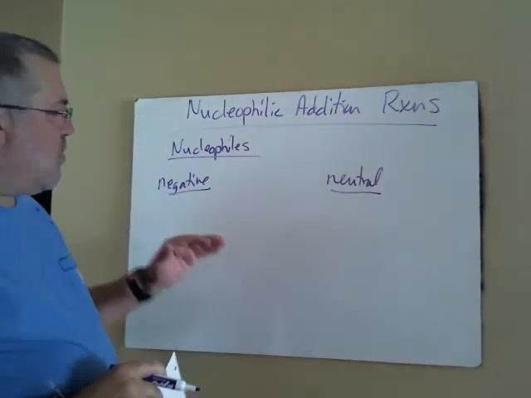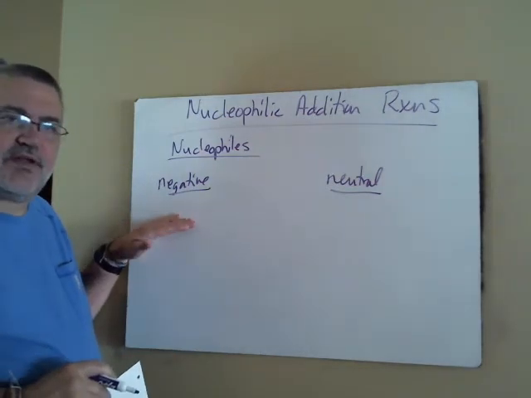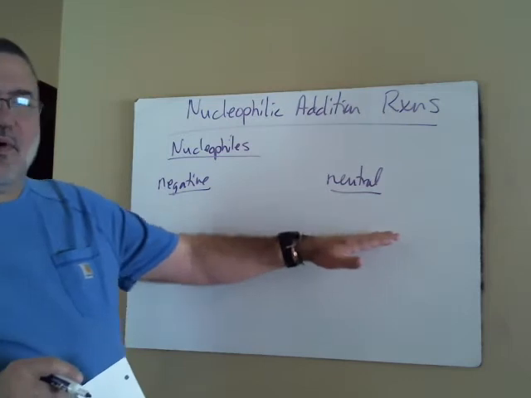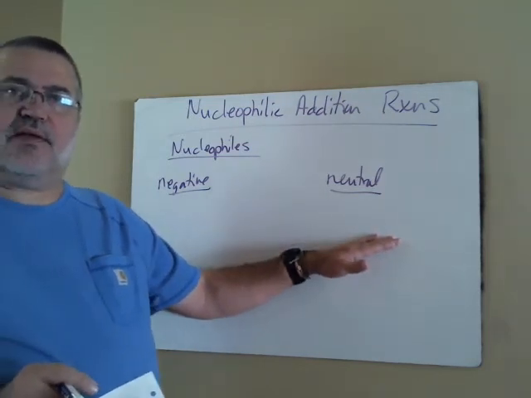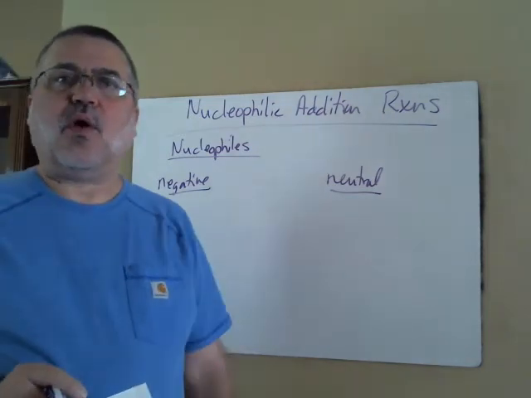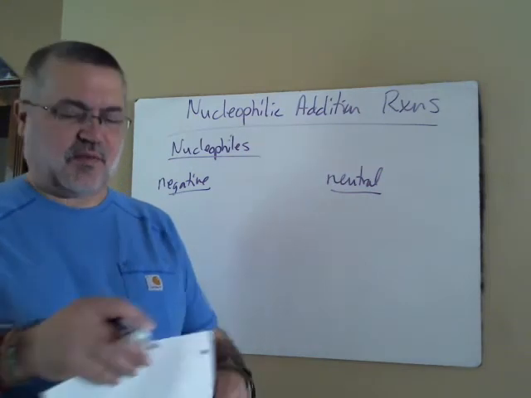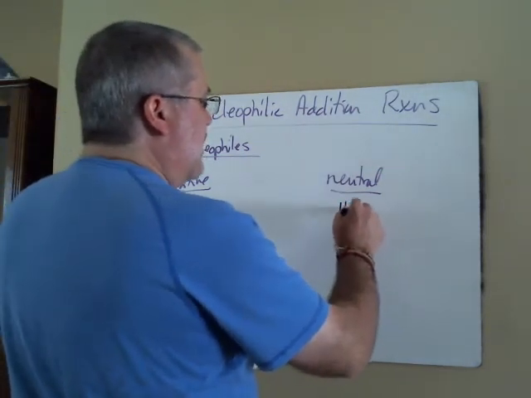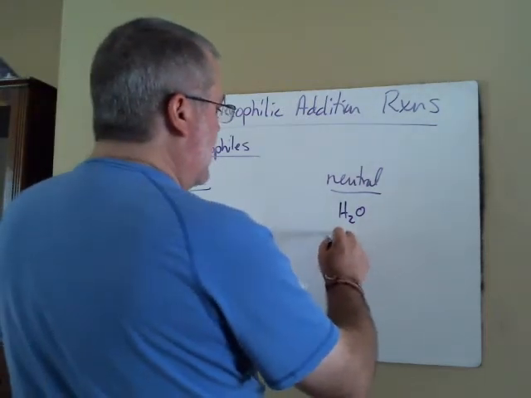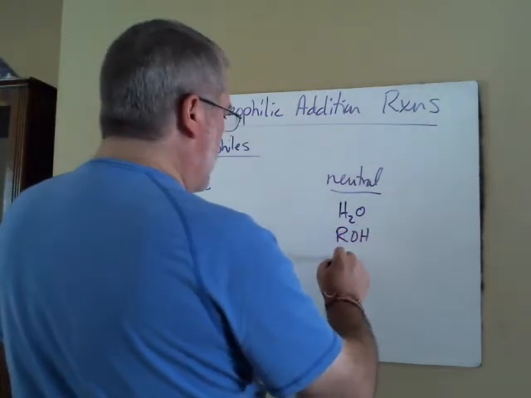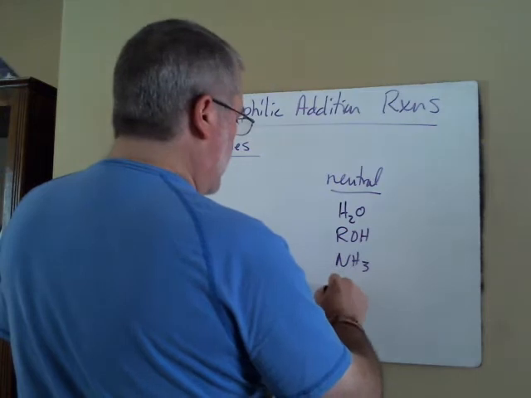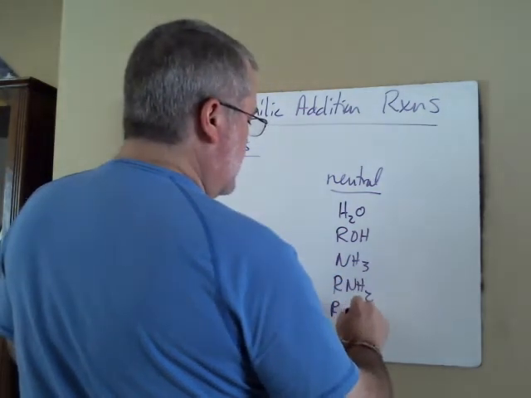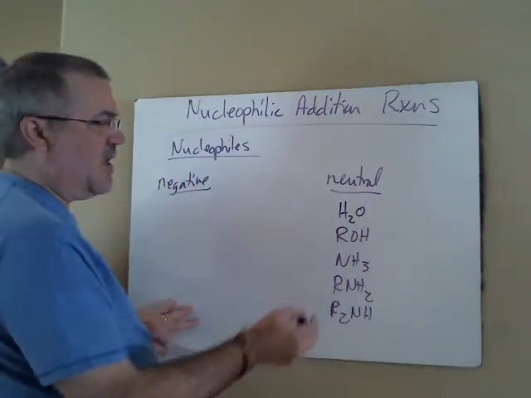Remember, one of them was a straightforward addition that always gave alcohols. And then one was where you added the nucleophile and then you expelled water. And so you got a little different result. Basically, you can see neutral addition of nucleophiles with water, with alcohol, and then with amines, and I'll just draw all the different kinds of amines.